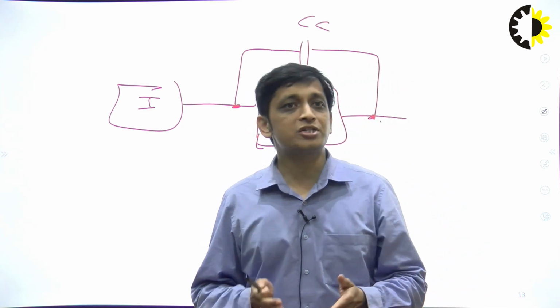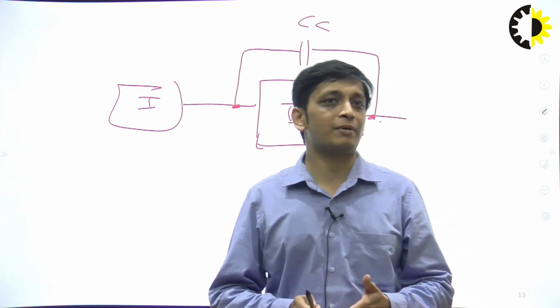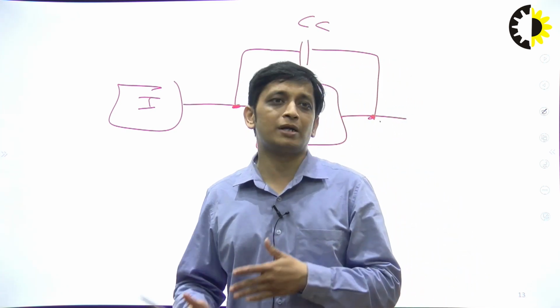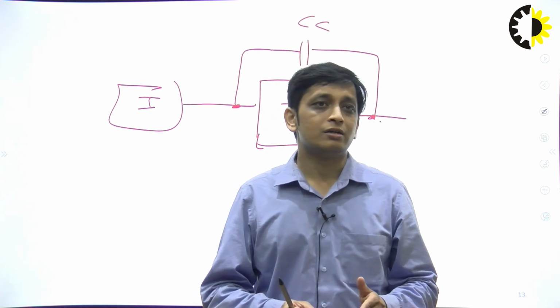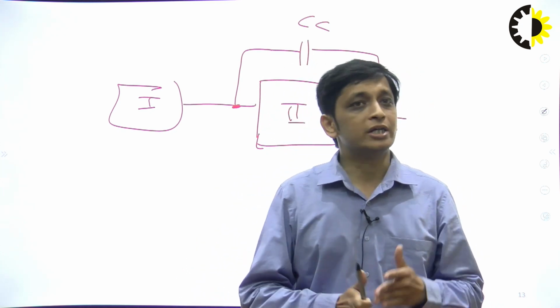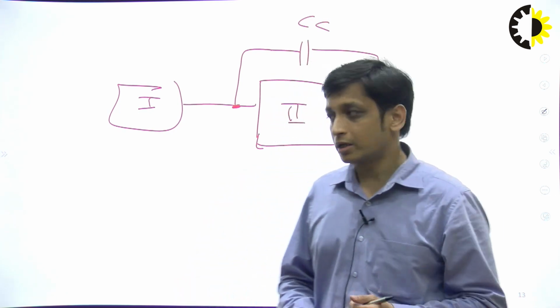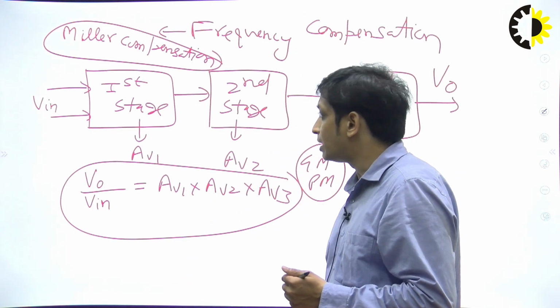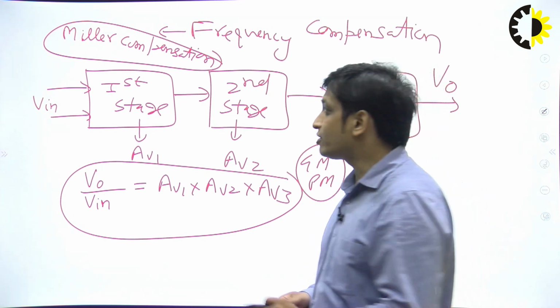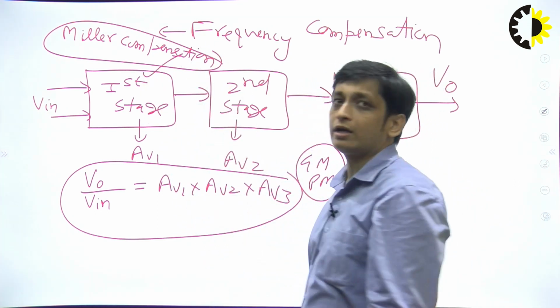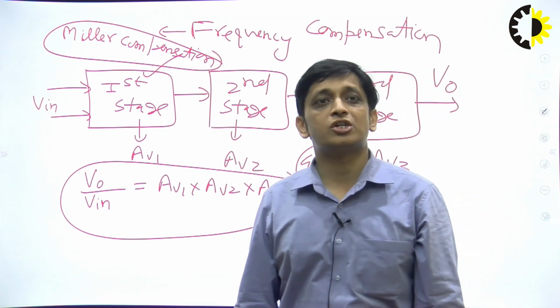So the challenge involved in the design of multi-stage amplifier is that when we go for multi-stage amplifier, we use frequency compensation techniques to stabilize the amplifier. And one more thing, when we go for any multi-stage amplifier, the first stage is a differential amplifier.